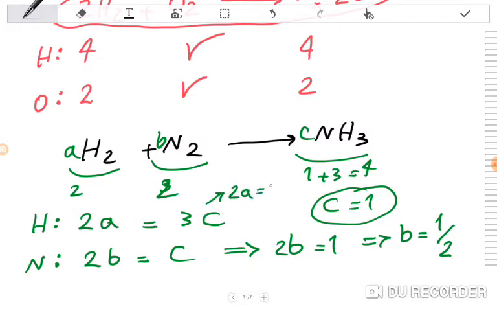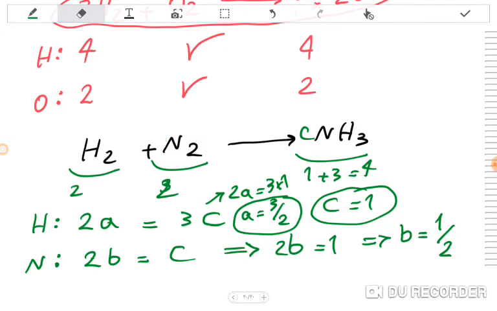2A equals 3 multiply 1. A equals 3 over 2. A is 3 over 2. C is 1. B is 1 over 2.